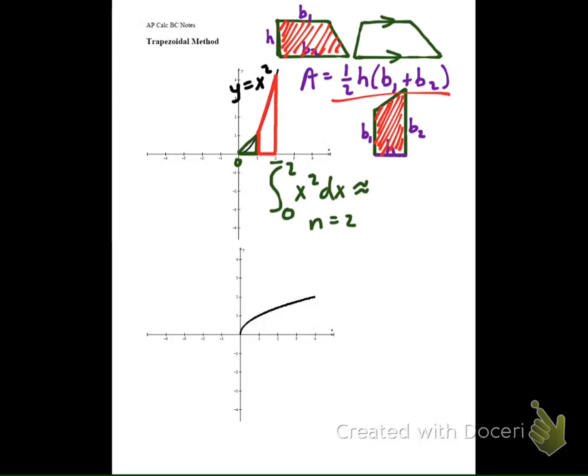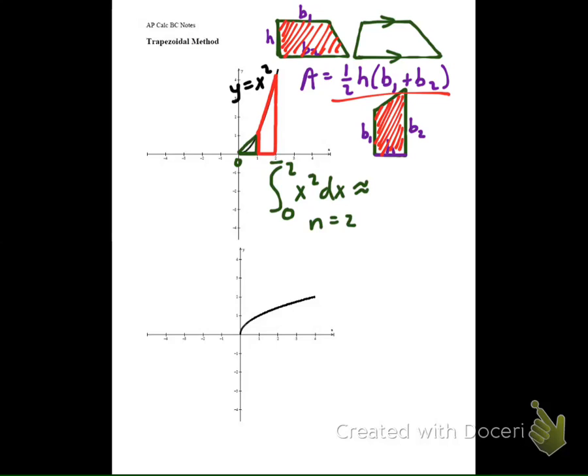That's almost exactly the area underneath the curve that we're looking for. So all we have to do is find the area of each of these trapezoids using the formula, add them together, and we have our approximate area under the curve, so we are approximating this integral.